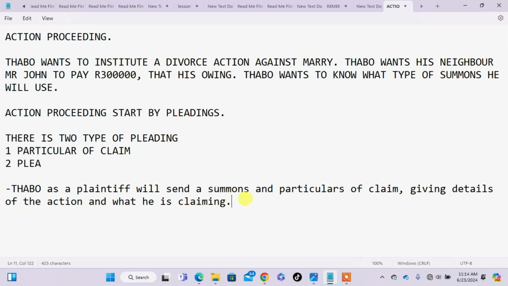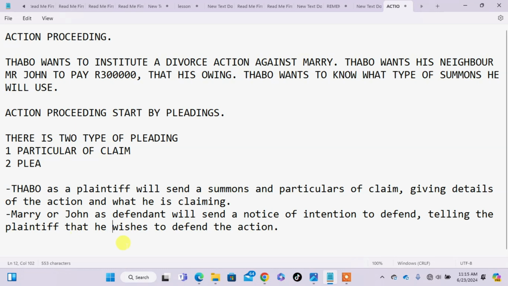This is Thabo. So he will either send a summons and particular of claim to Mary or Mr. John, giving details of the action and what he is claiming. That's Thabo, right?